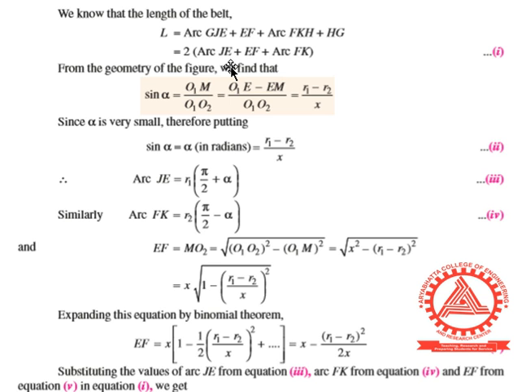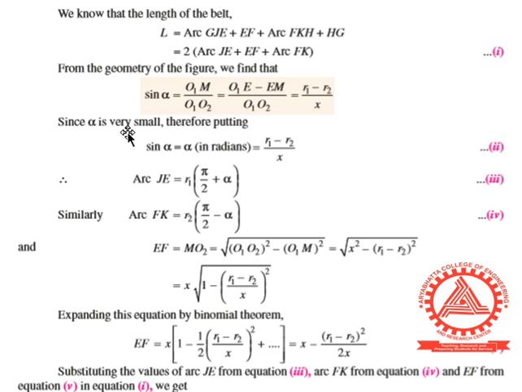That's why we can write it like this. Also EF and HG are the same, so we can write 2 into EF, plus the arc FKH, which is twice the arc FK.